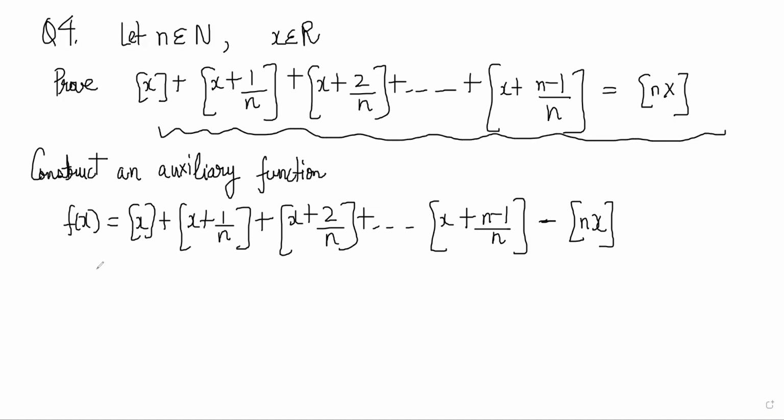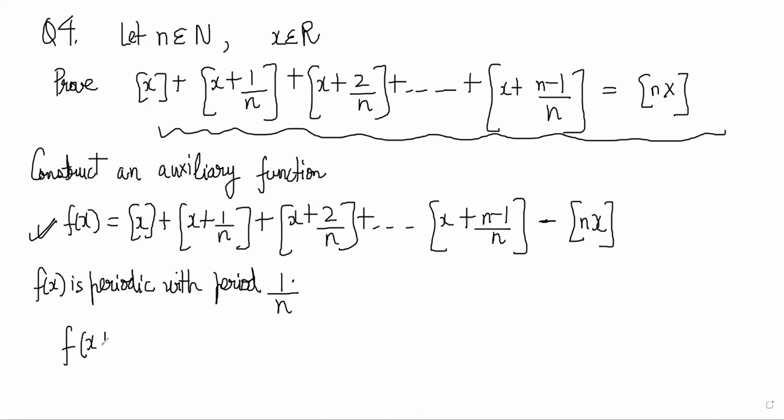So how do I go about doing that? What I will show here is that this function f of x is periodic with period 1 by n. How do I prove that? I will just evaluate f of x plus 1 by n. So let's write the terms.